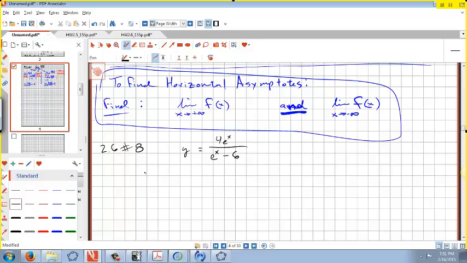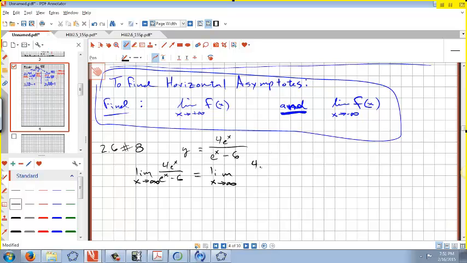Now let's look at the limit as x goes to infinity of 4e to the x divided by e to the x minus 6. In this case, as I said before, if you have this rational kind of thing, you're just going to factor out the lead term.